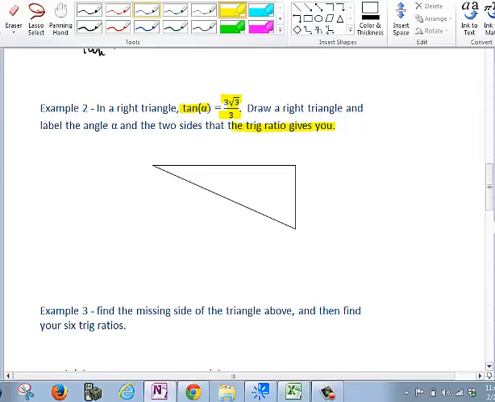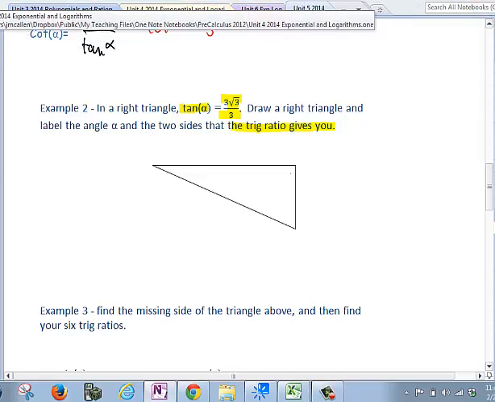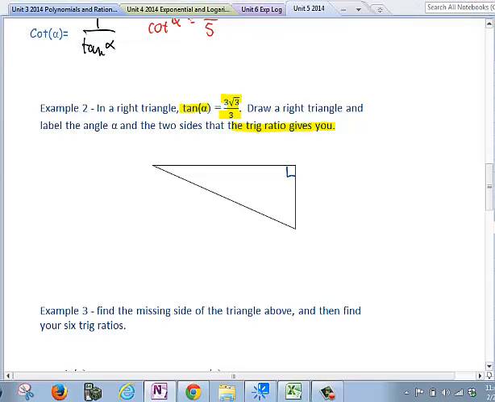So if you were to set this up, because it's a right angle, you always draw on the right angle symbol. Remembering that the tangent ratio, they give us a ratio of 3 root 3 over 3. It's always good to simplify your ratio before you start working with it, so I'm going to simplify this ratio.